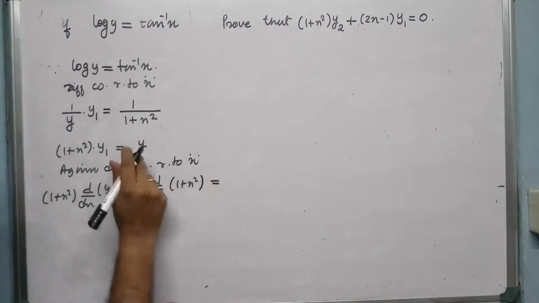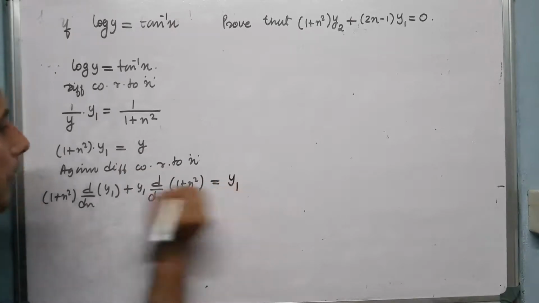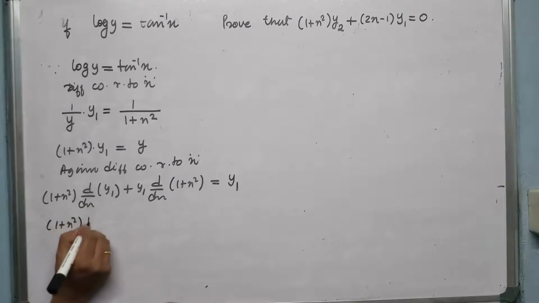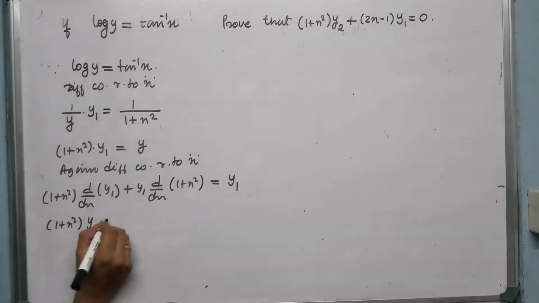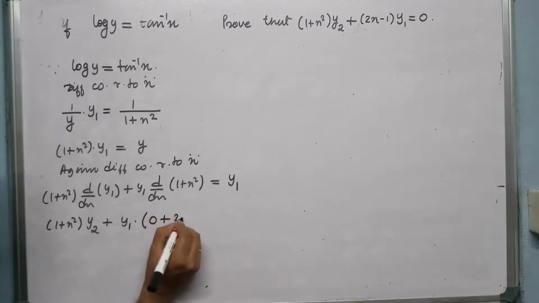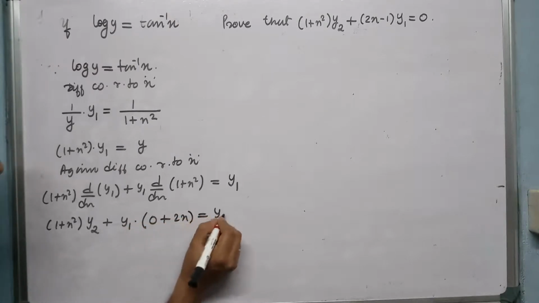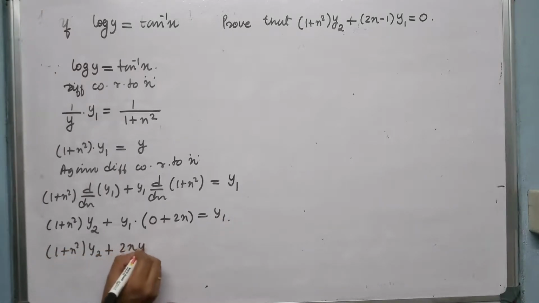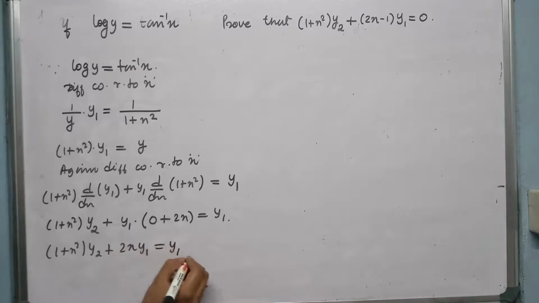Again the derivative of y1 we write as y2. Now 1 plus x square d by dx of y1 is y2, plus y1 into derivative of 1 plus x square, which is 0 plus 2x, is equals to y1. Now it is 1 plus x square into y2 plus 2x y1 is equals to y1. But the proving is a little bit different over here.